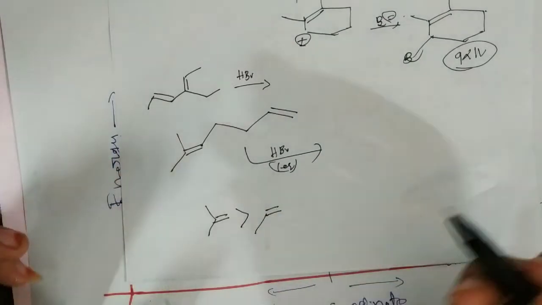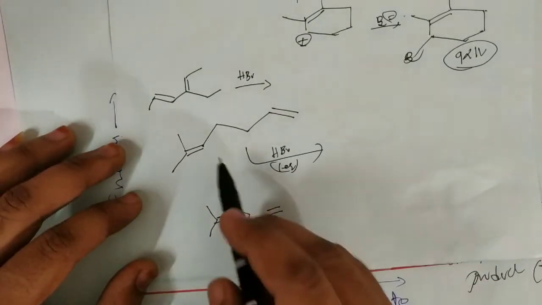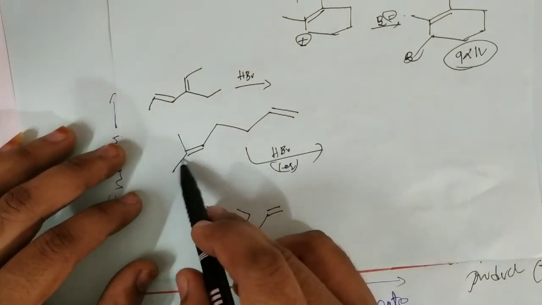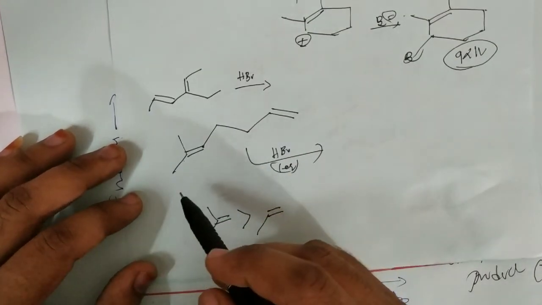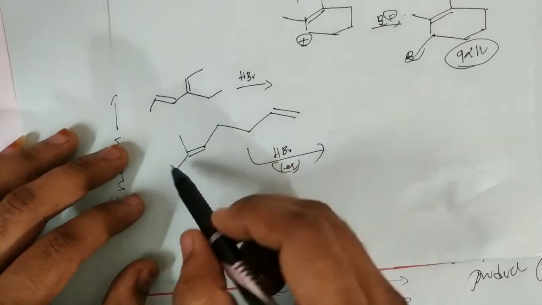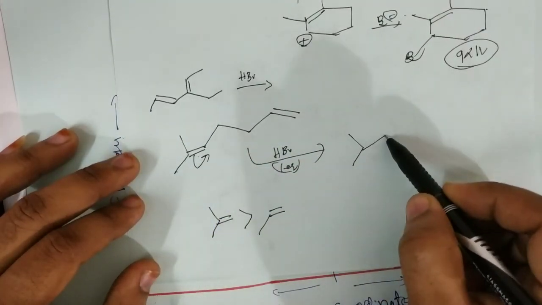The isobutene is more reactive because it has two methyl groups. Those two methyl groups are donating groups, so they increase the electron density. The alkene with more electron density is readily attacked by the H plus electrophile. So highly substituted alkenes are more reactive in electrophilic addition reactions. So this one is attacked by HBr, and you will get the stable carbocation.